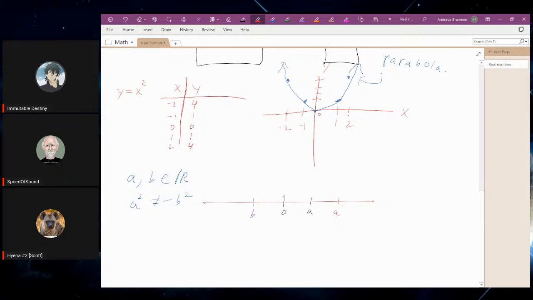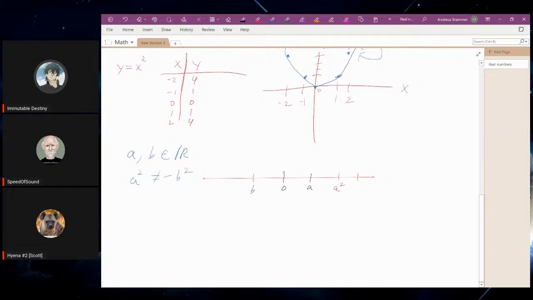So this might be a squared. And b, even if it's negative, b squared is going to be somewhere positive as well. But what this is telling me is that no matter what number I pick out of the set of real numbers, and I square it, I can never get that to be negative. And so that's one of the special things about real numbers as a system.